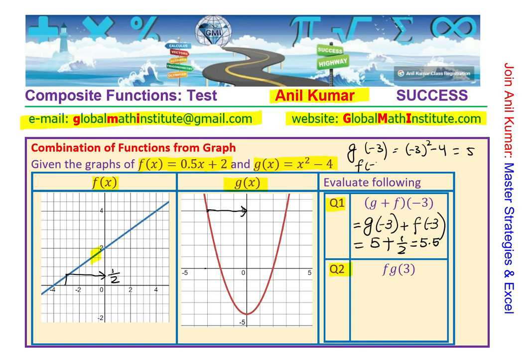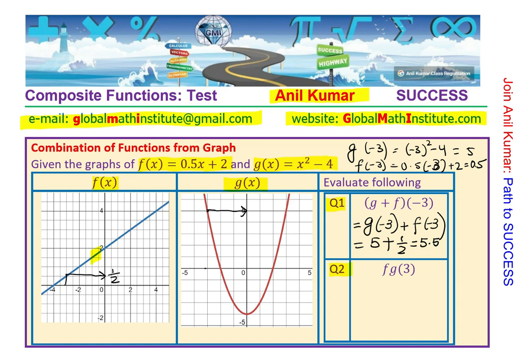Also find f of minus 3, which is 0.5 times minus 3, right? And then add 2 to it, correct? So when you add them together, you'll get your answer, right? Minus 1.5 plus 2 is 0.5.